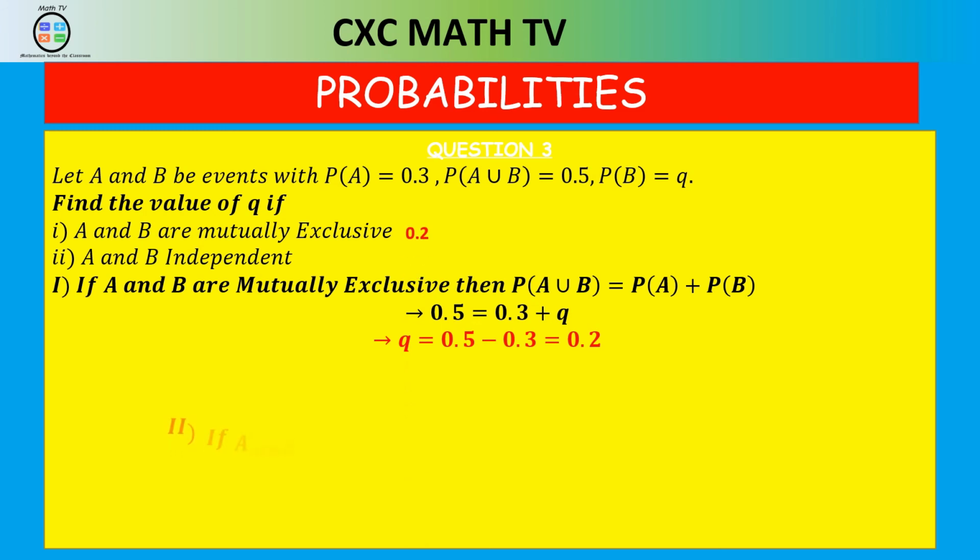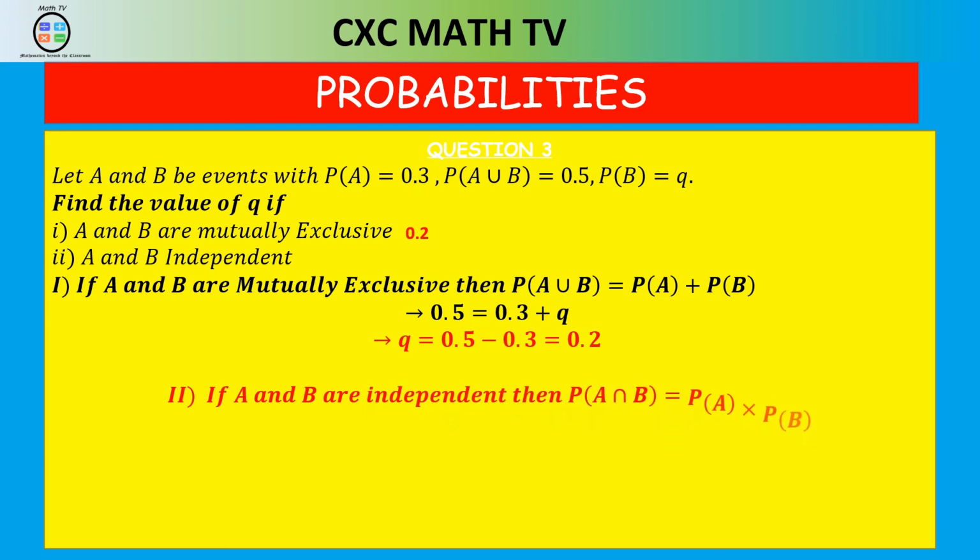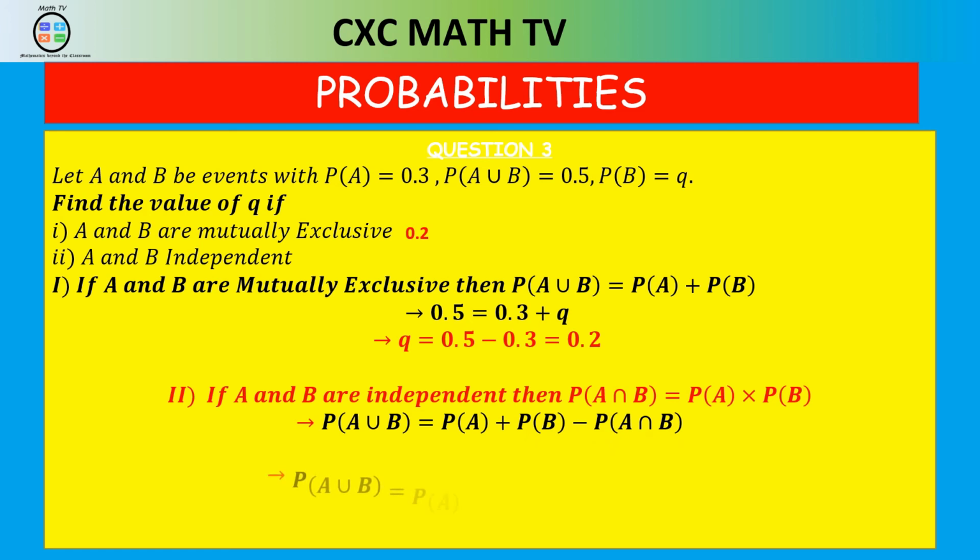Now if A and B are independent, then we know that the probability of A intersect B is equal to the probability of A times the probability of B. And so that would mean that using the union law, the probability of A union B is the probability of A plus the probability of B minus the probability of A intersect B. But the probability of A intersect B is the probability of A times the probability of B, since A and B are independent.